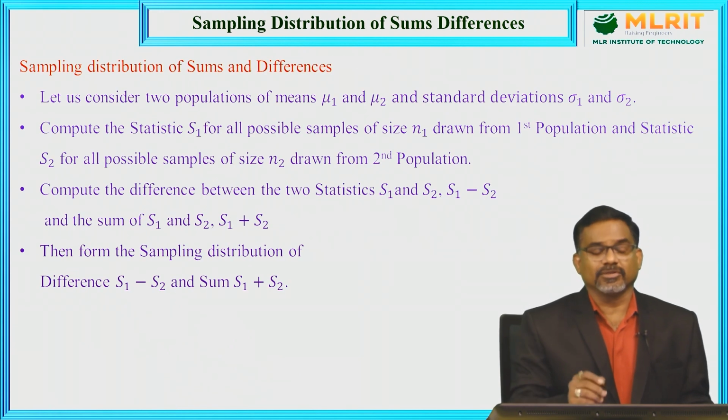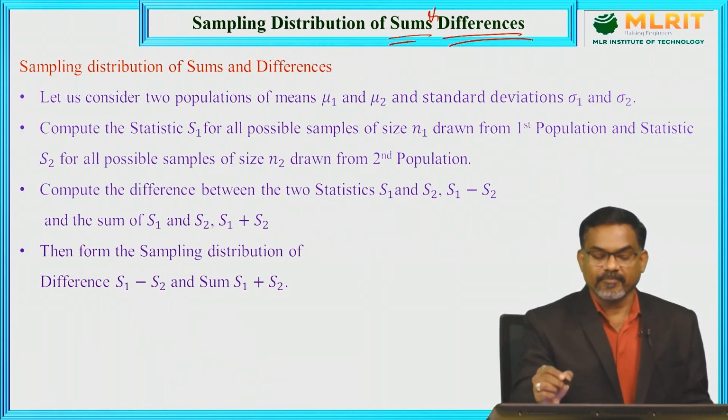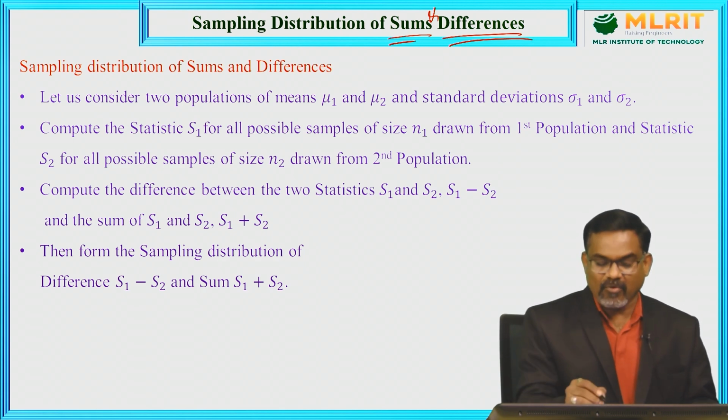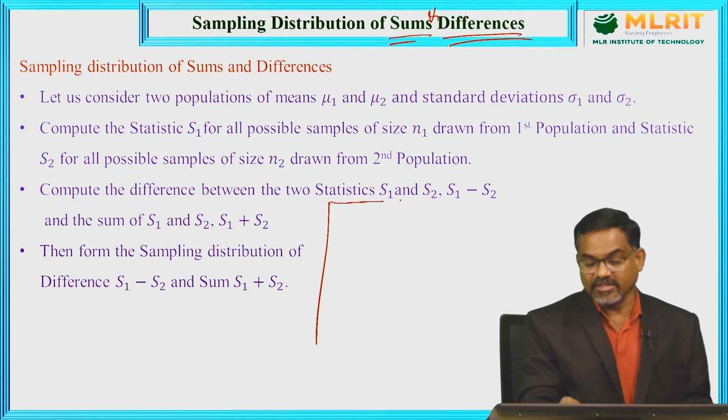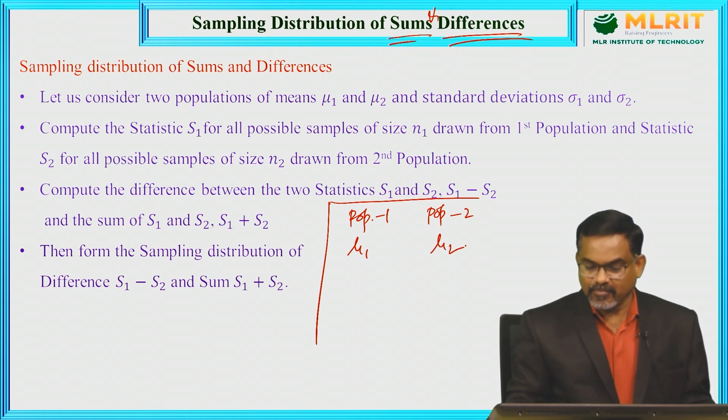Now, coming to the sampling distribution of sums and differences. Here, let us suppose there are two populations, population 1 and population 2, and the mean of population 1 is mu1 and the mean of population 2 is mu2.